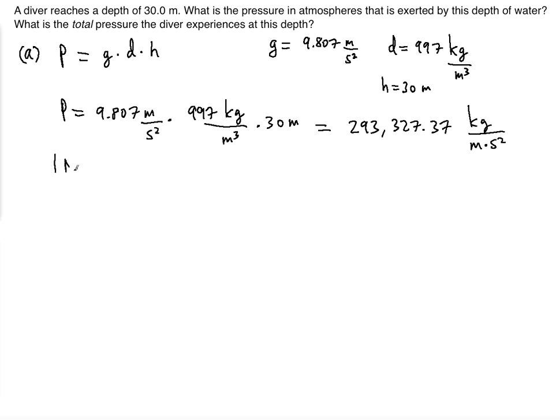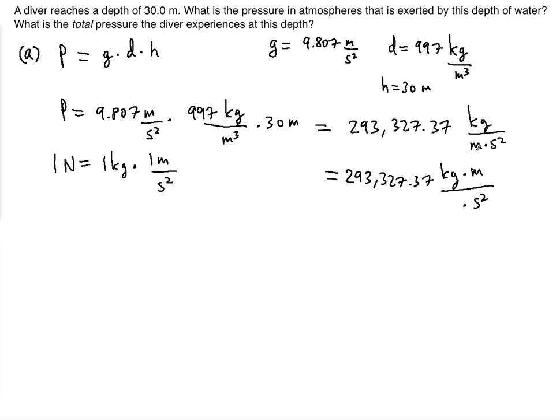We also know that 1 Newton is equal to 1 kilogram times 1 meter per second squared. As you can see, this is similar, except that the meters are on the top here, but there the meters are on the bottom. But that doesn't matter, because we can write this as kilograms meter per second squared.